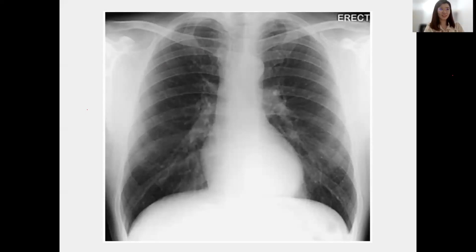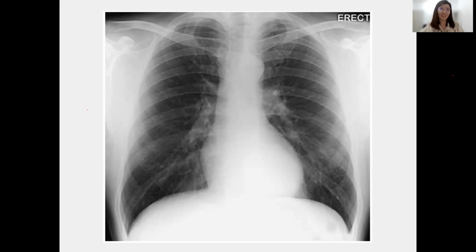Anyone else? Okay, somebody said end-on vessel. I already showed the end-on vessel just now. Hyperinflated?